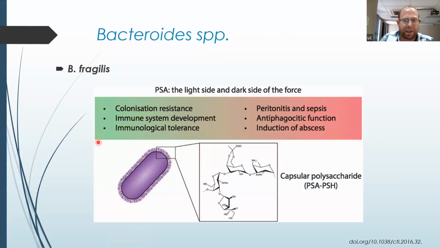And this facilitates immunological tolerance and is supposed to be important for priming the immune system towards not being overactive in the gut. On the flip side, if they do find their way into a sterile site, these same virulence factors essentially facilitate antiphagocytosis, induction of abscess formation, and allow them to become invasive.